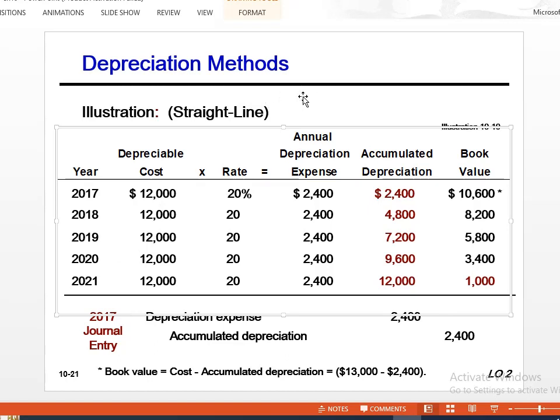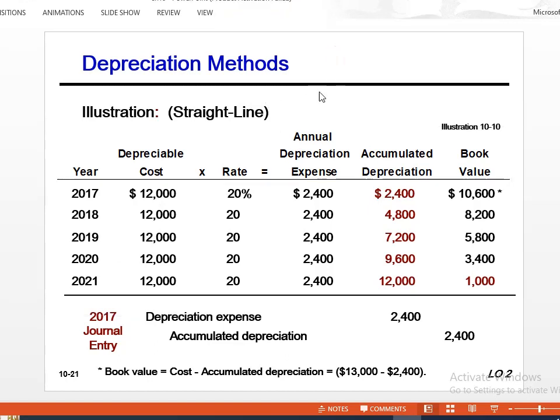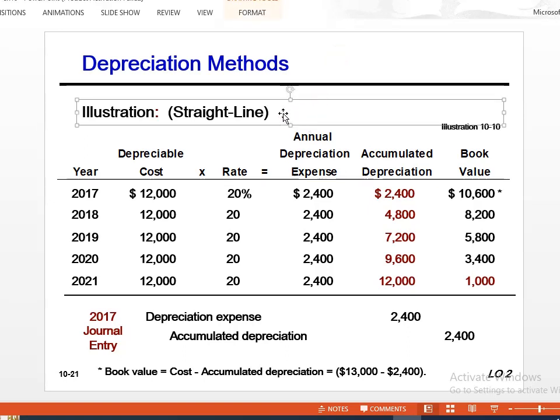Then the rate. How do you calculate the rate? There is a particular way to calculate the rate. We want to depreciate the asset 100%. If you want to depreciate the asset 100% over its useful life, so 100% divided by 5, that is 20%. Right?